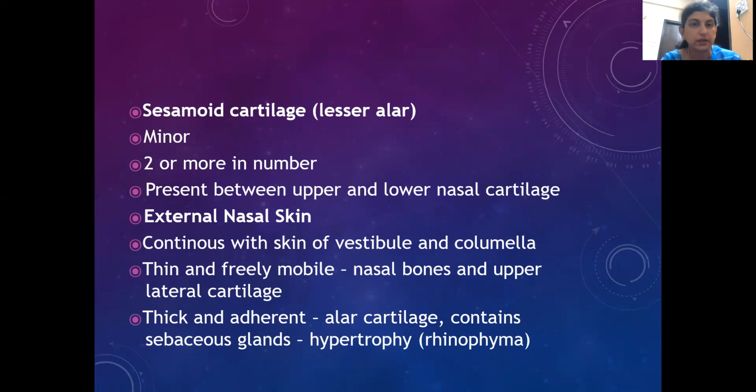The sesamoid cartilages or the lesser alar cartilages, they are minor, two or more in number. They present between the upper and the lower nasal cartilages.